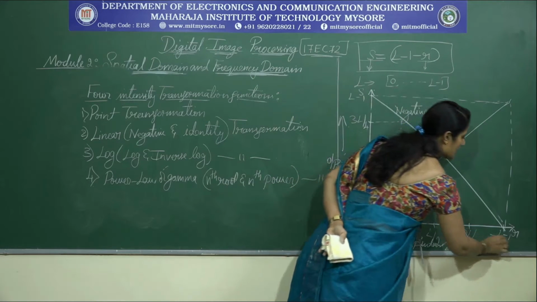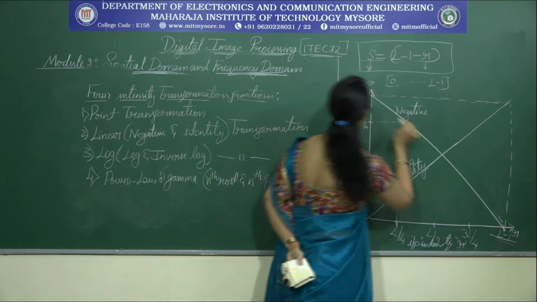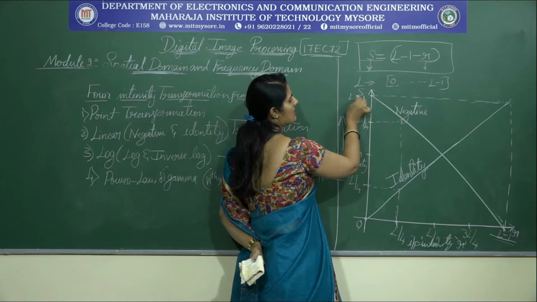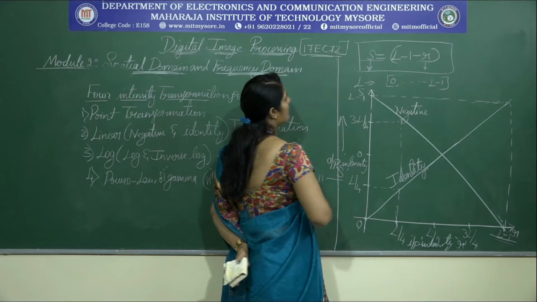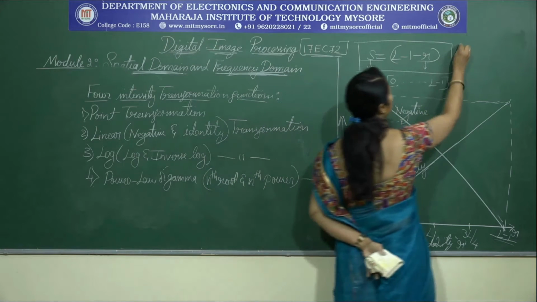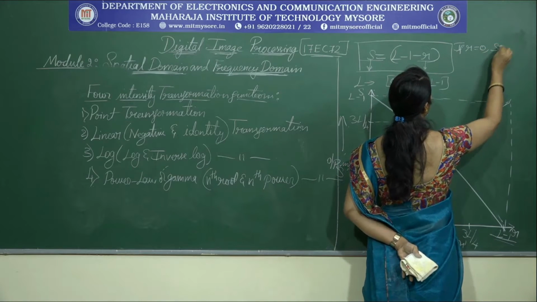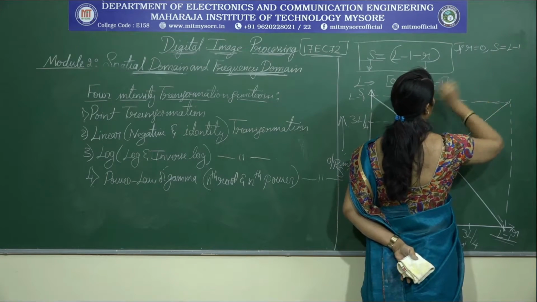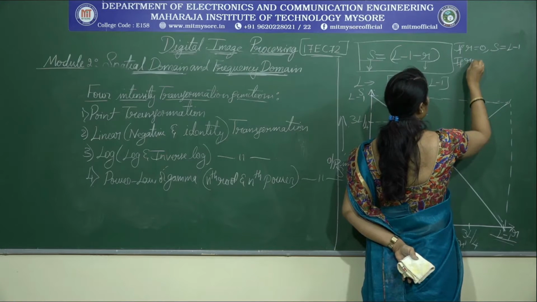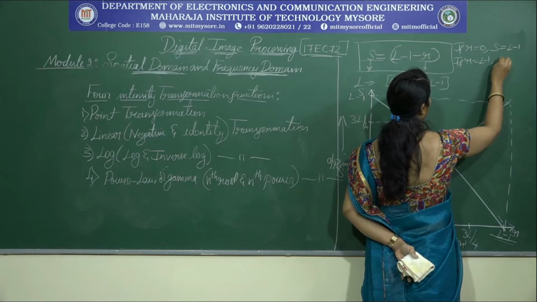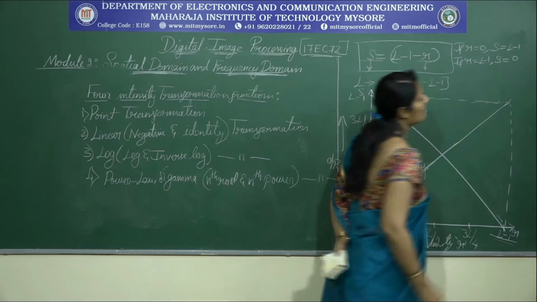For the input intensity value R equal to L minus 1, the output S is equal to 0. So if R is equal to 0, then S is equal to L minus 1.